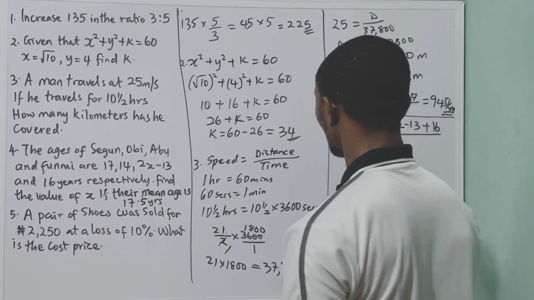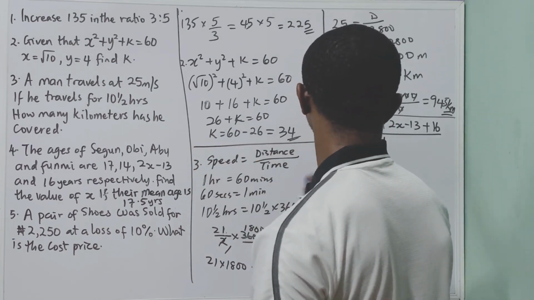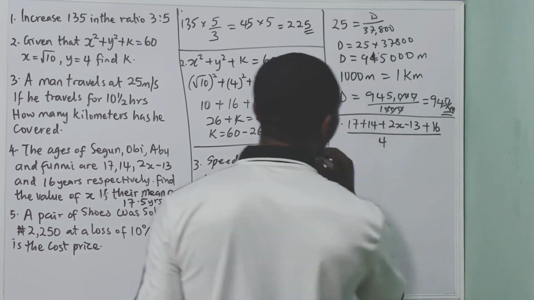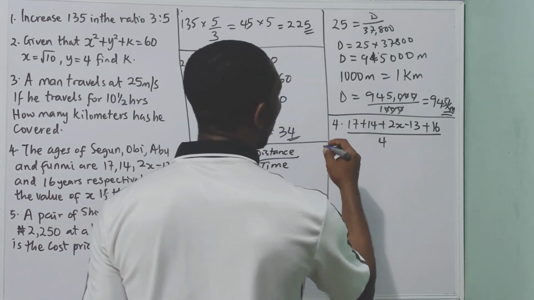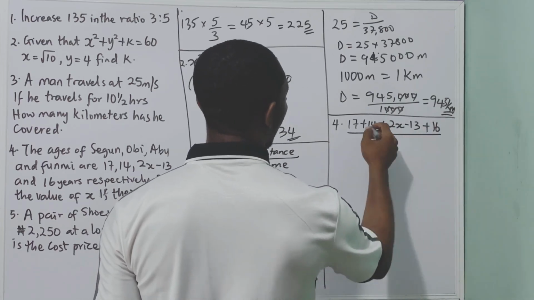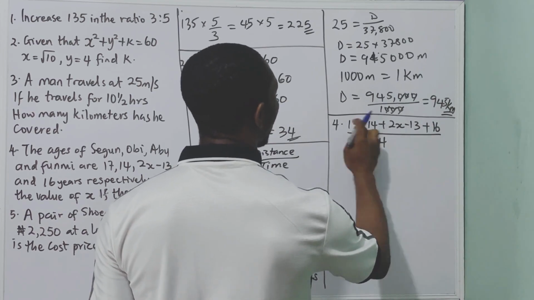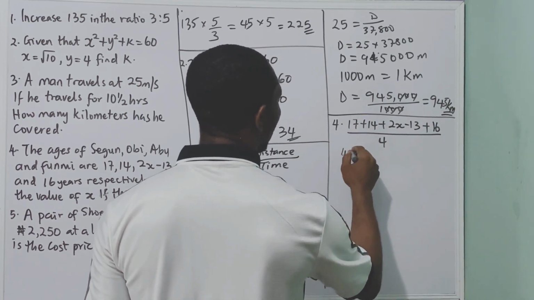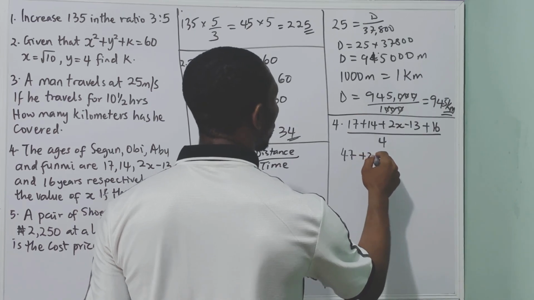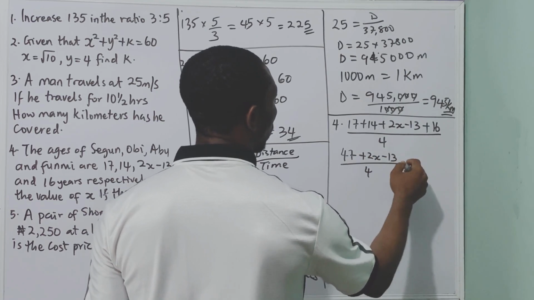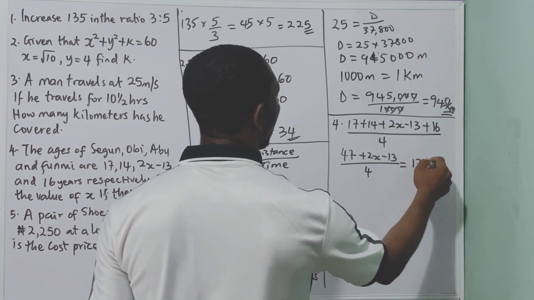Alright? So this becomes 16 plus 14 is 30, 30 plus 17 is 47, plus 2x minus 13 all over 4 would give us 17.5.